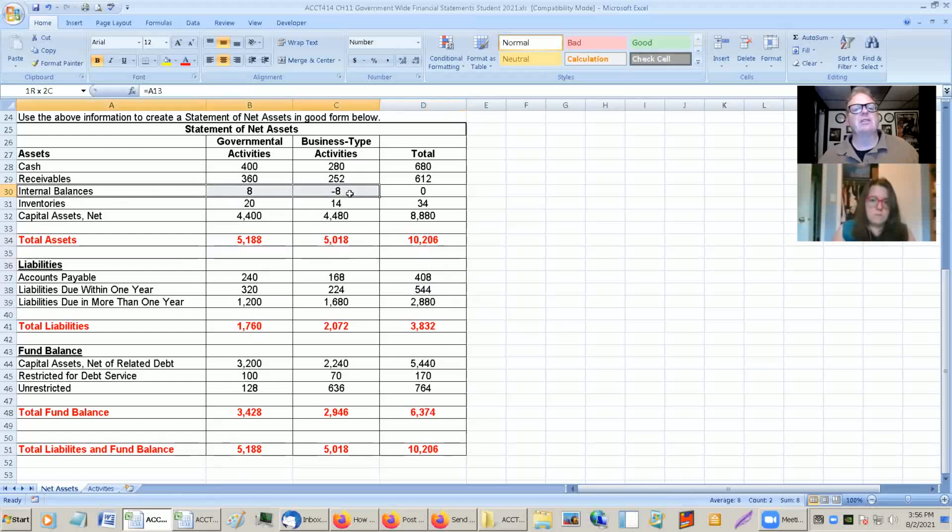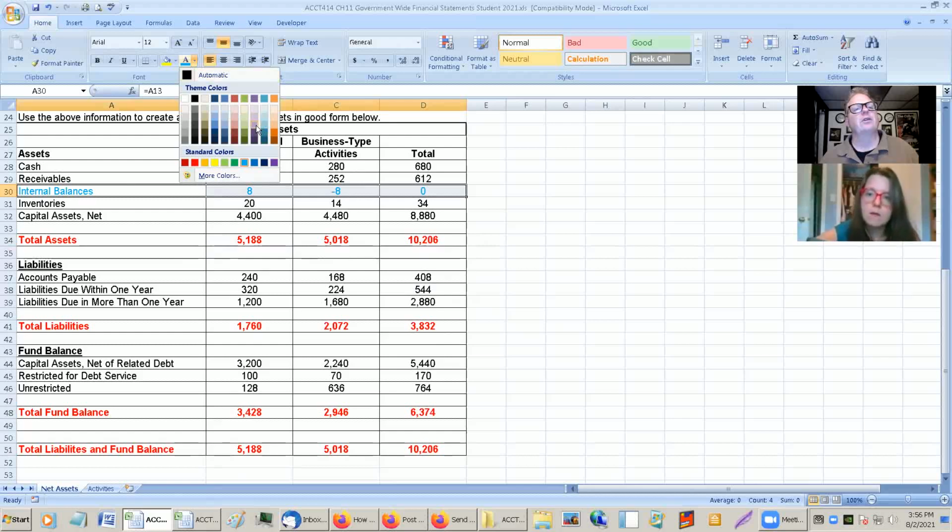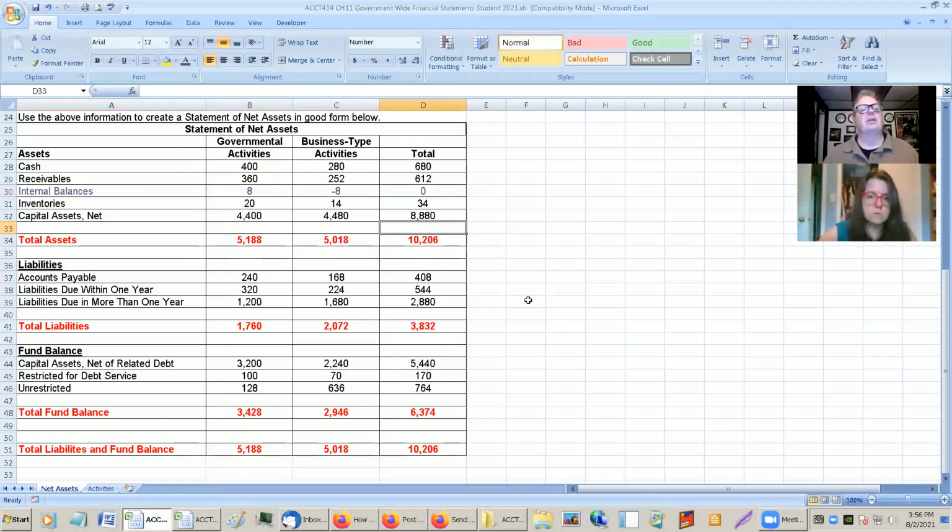You notice the internal balances net out to zero. So anyway, that's what that zero comes out to.